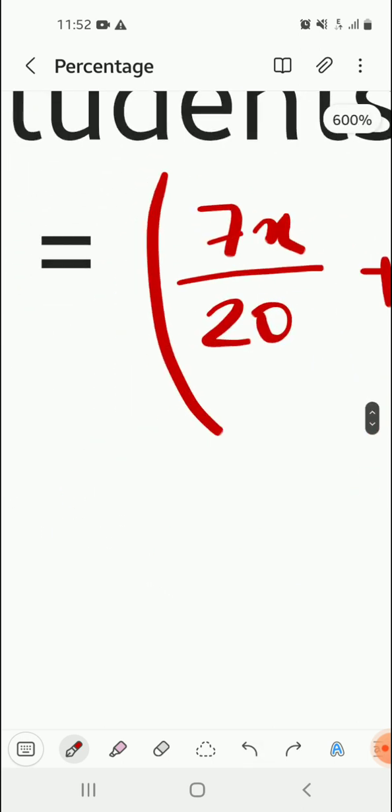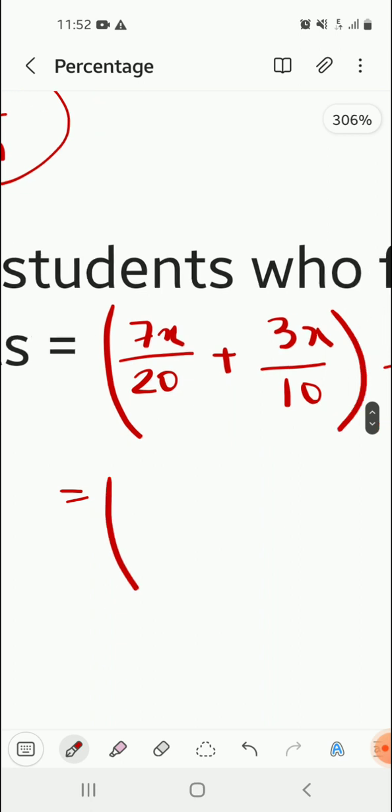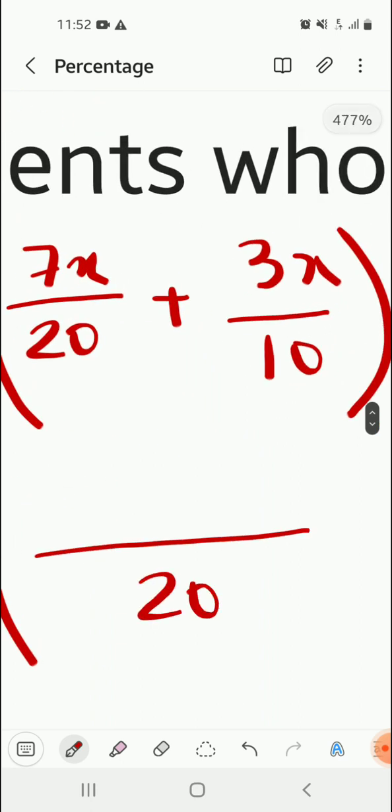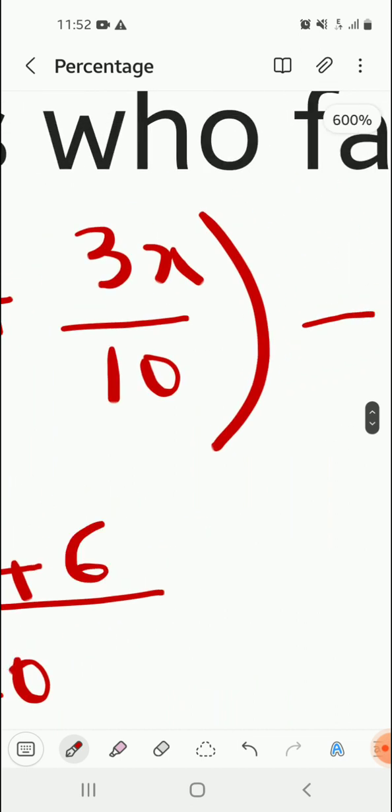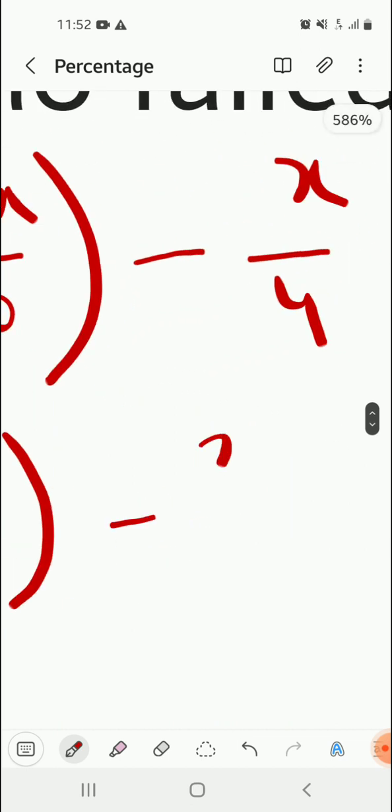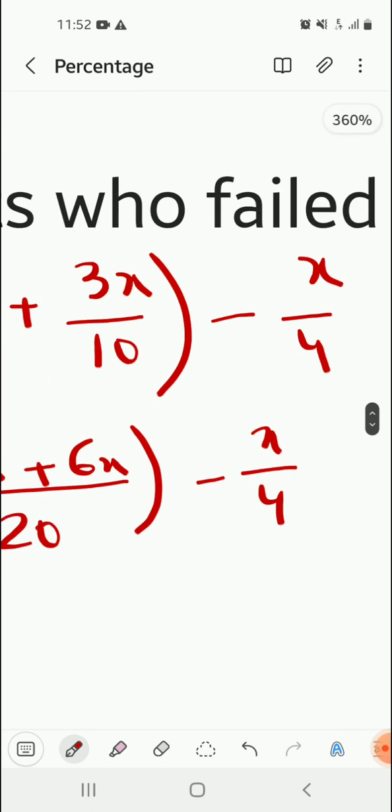So here, solve it. The LCM of 20 and 10 is of course 20. So it is 7x plus 6x by 20 minus x by 4.